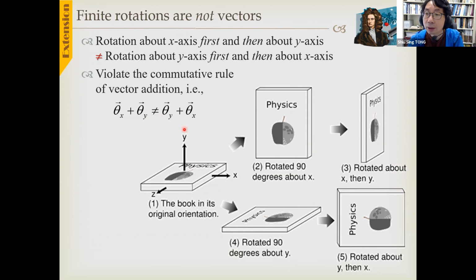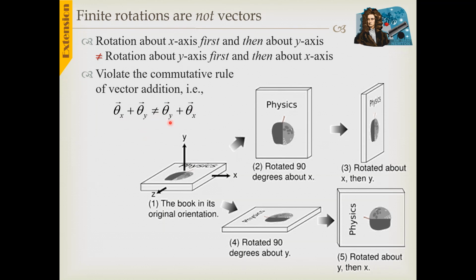So if you consider the rotation as a vector, these two examples mean that if you reverse theta x with theta y, they will produce different results. So that means the finite rotation cannot be treated as a vector. They are not vectors at all.